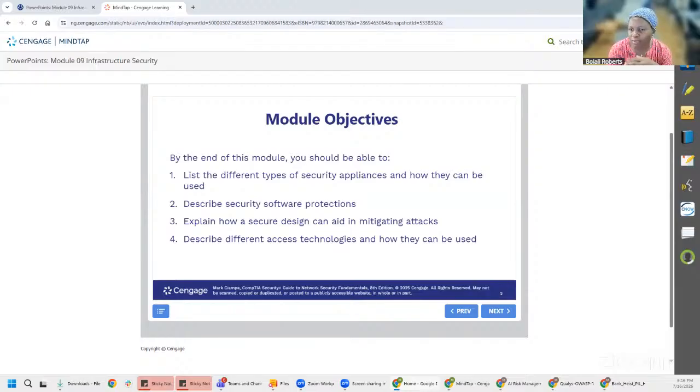Tell me what happens. It makes you go to a website. You have to enter your email. Very good. Without doing that, are you able to use the internet? No, right? So that's one way of securing the infrastructure.